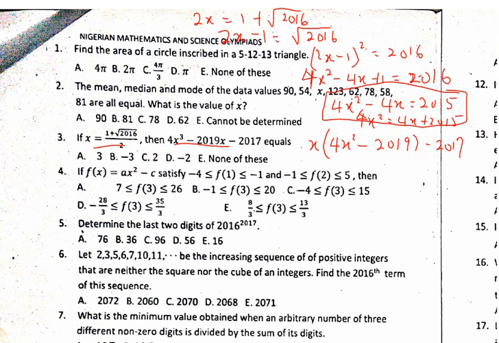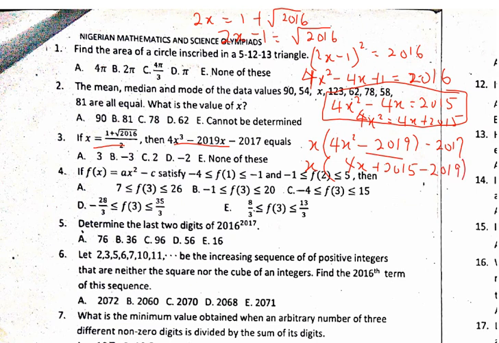So we are going to have x into bracket (4x plus 2015) minus 2019, minus 2017.